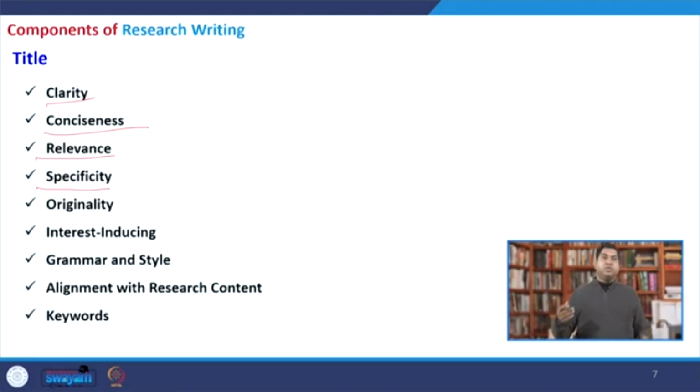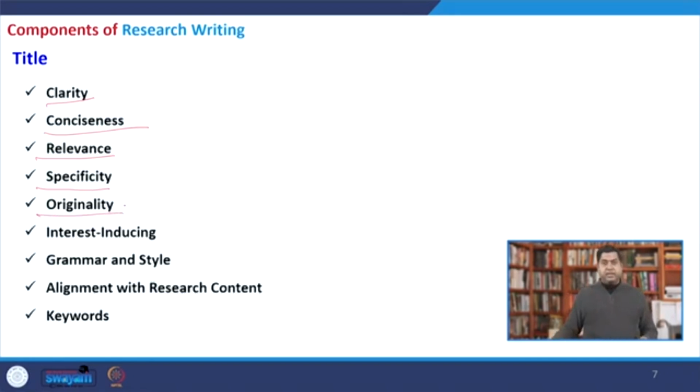Suppose you have done some work on sustainable development goals, like SDG 11, sustainable cities and other aspects of SDGs, and then you say the research is on sustainability and city development. That is very broad, and it will not really be interesting to the readers. So you need to specify.